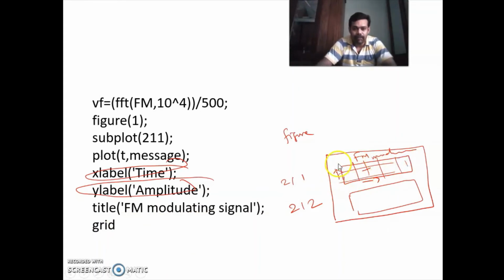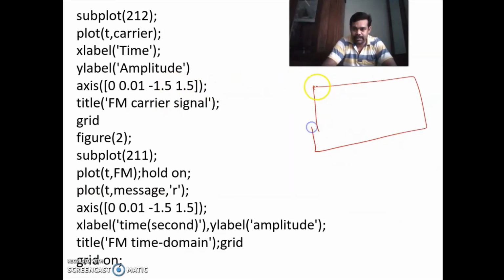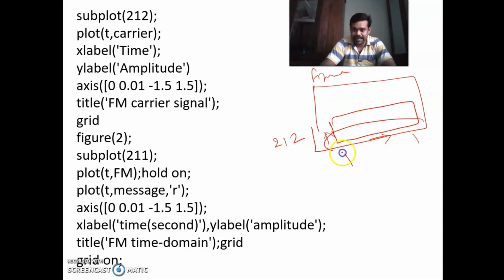Now we come to the second one, subplot 2,1,2, in figure 1 itself. Plot t comma carrier will plot the carrier. Here also in the x-axis you give time, in the y-axis amplitude, and for the axis values you give 0, 0.01, minus 1.5, 1.5.